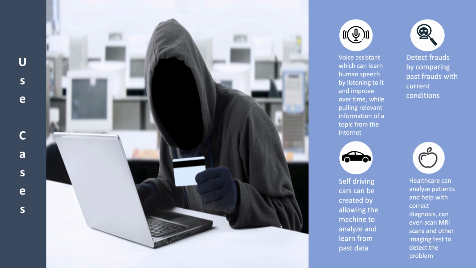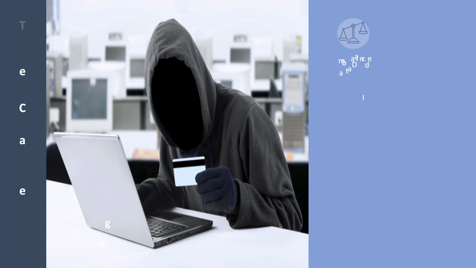But there will be a list of challenges that we will be facing in this project. So, what are they? Firstly, imbalanced data. Imbalanced data is when you have many records of one category but few of the other.